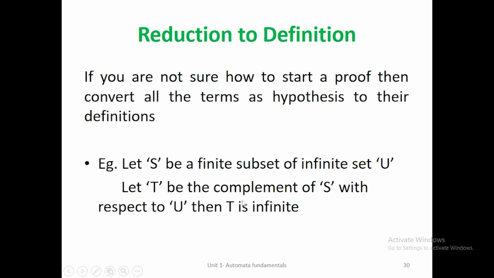And T is the complement of S. What is the meaning of complement? The elements available in S will not appear in T. So if you take S intersection T, the answer is phi.